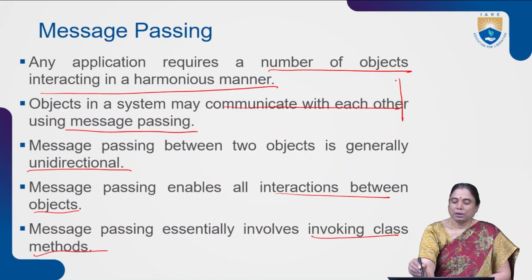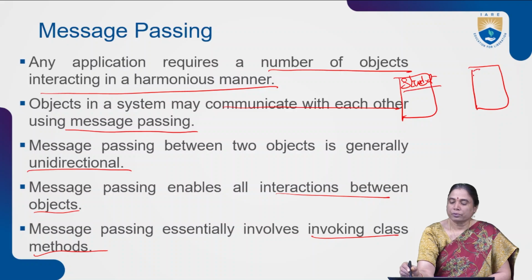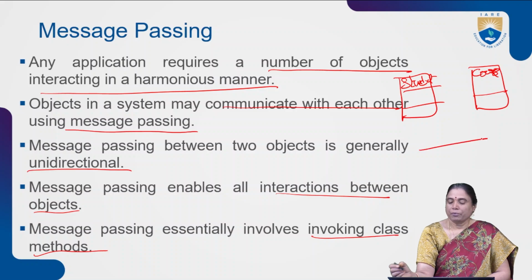For example, consider two classes. Here this is the student class and this is the course class. These two classes can be related and communicate with the help of message passing. The message is denoted with an arrow in the direction in which the message is passing.